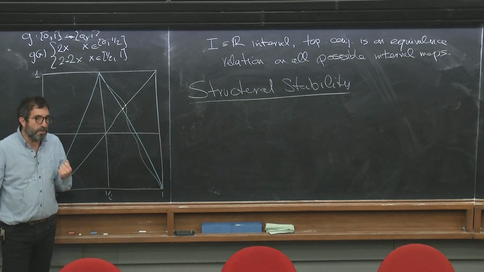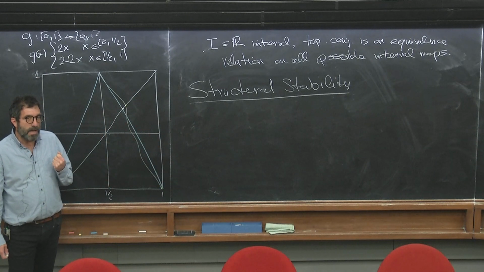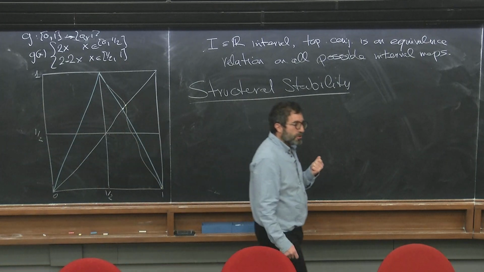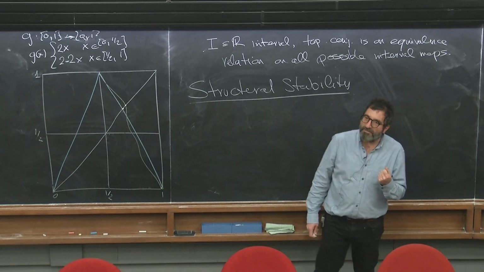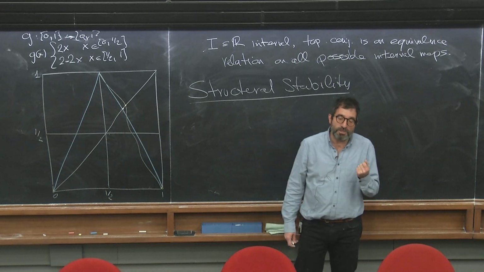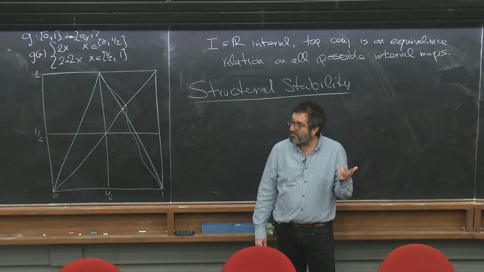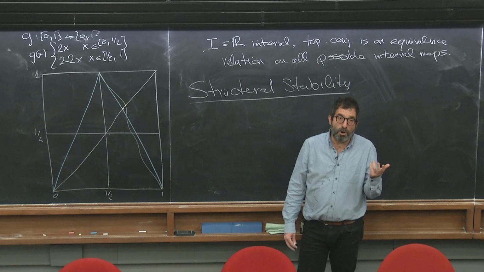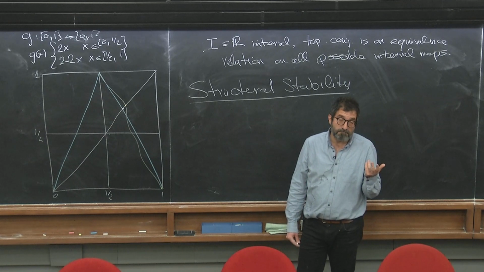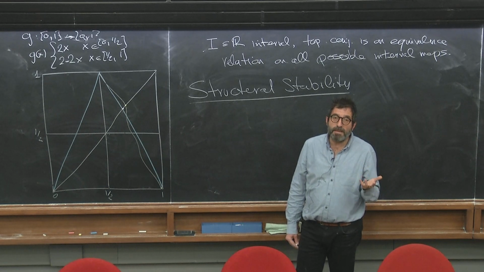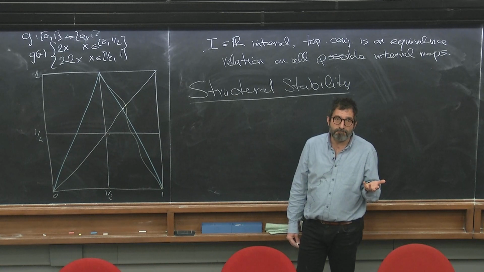To formulate structural stability precisely, I'm missing another notion. I have defined topological conjugacy, or I can choose C1 conjugacy, but I've said that I want to make a small perturbation. So I need to define what I mean by a small perturbation of this map.